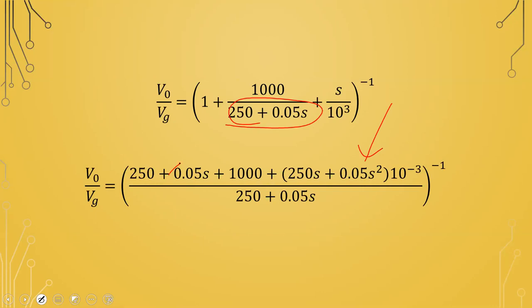And then this is times S over 10 to the minus 3. All right. And remember the objective. Before I try to determine the poles or the zeros, I first need to make the coefficient of the highest order of S 1. All right.